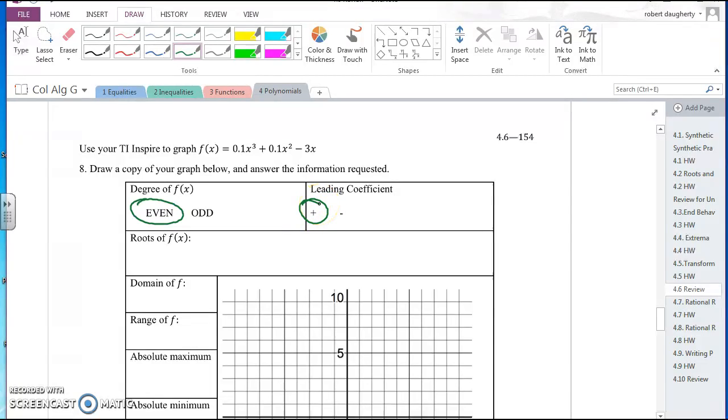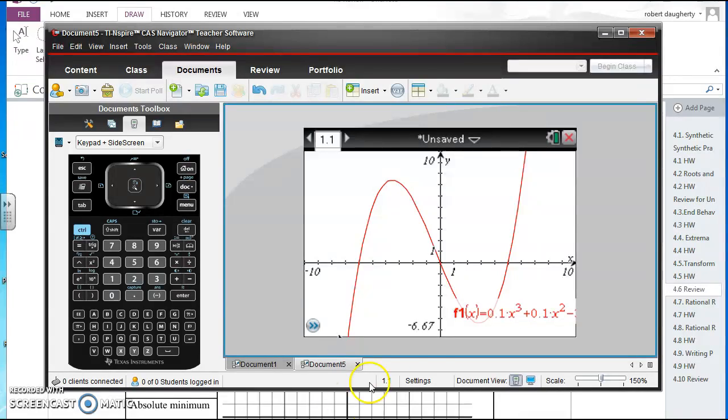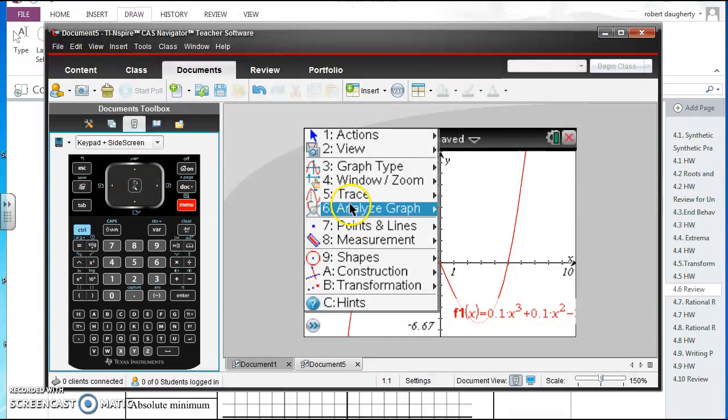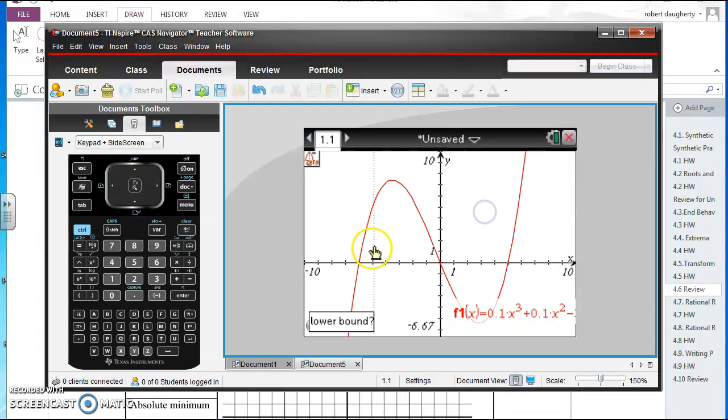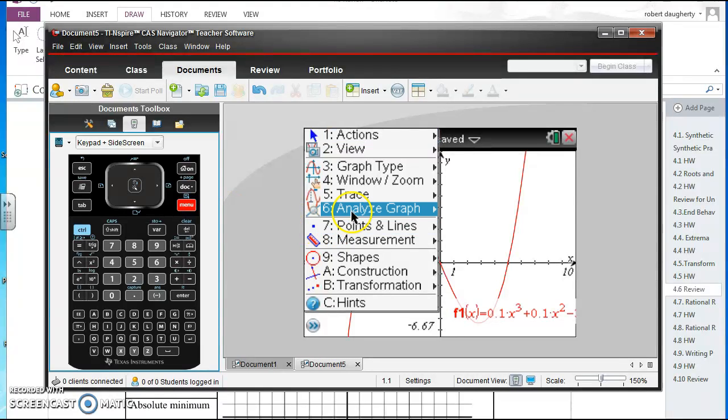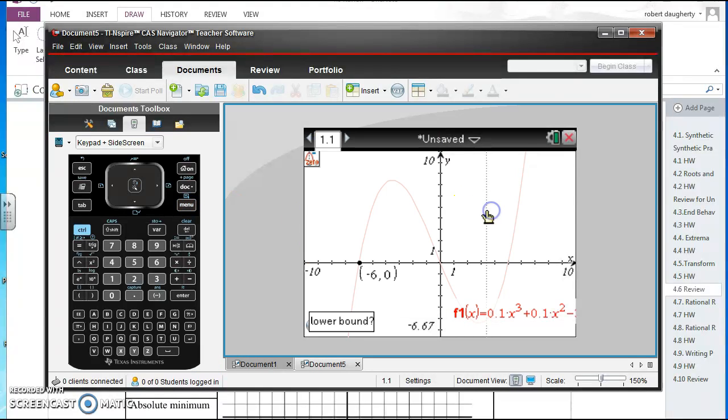Then I'm asked to determine what are the roots of this equation. So I can look at my graph and see, okay, it looks like I see them, but I just want to double check and make sure that they're not off by a little bit. So what I'm going to do is menu, analyze graph, zeros. So it looks like this zero is at -6, 0. And then let's find the other one, analyze graph, zero.